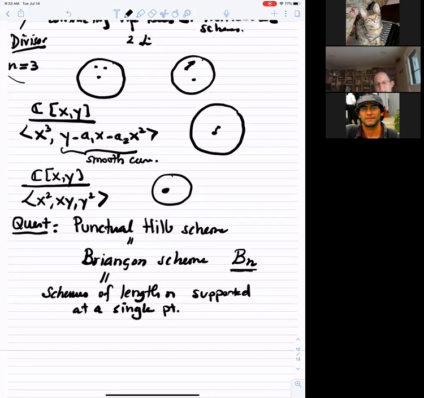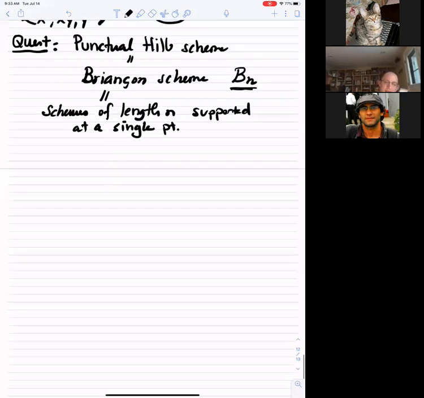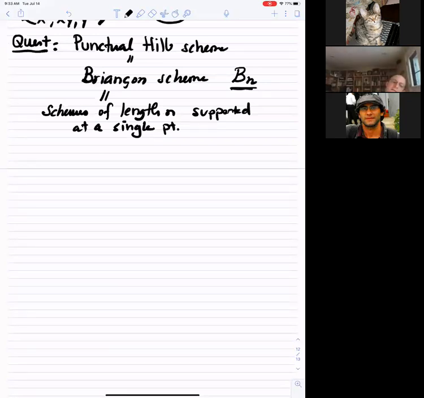So these kinds of things can get slightly more complicated. What it turns out is that we understand this; this is a theorem of Briançon. That's why it's called the Briançon scheme, I think. So here is what happens. Let me tell you the picture. First, you have curvilinear schemes.